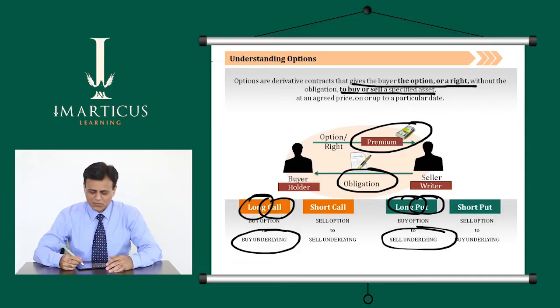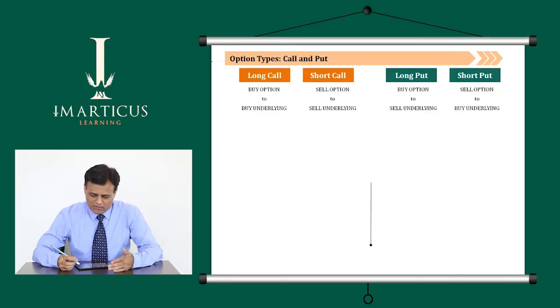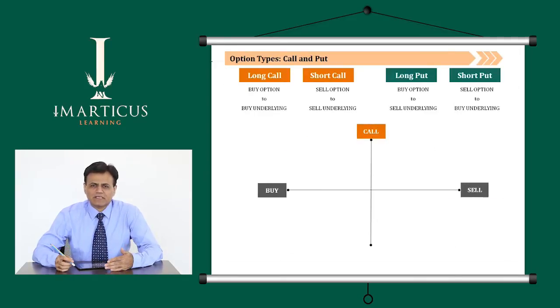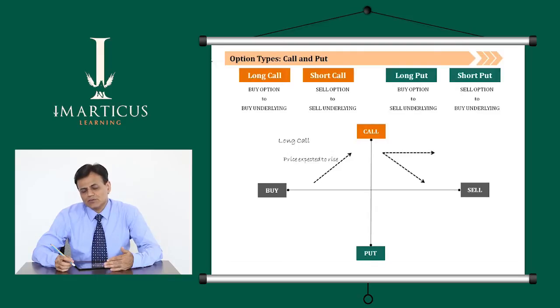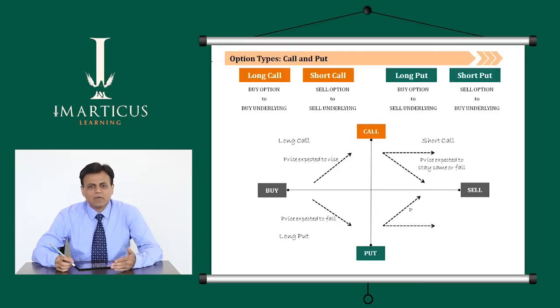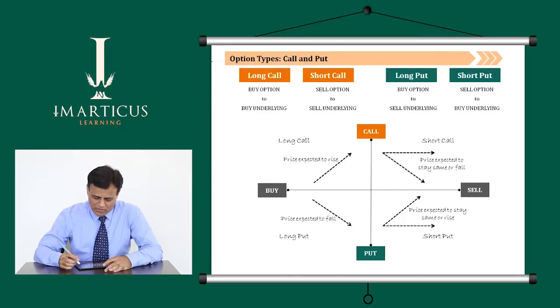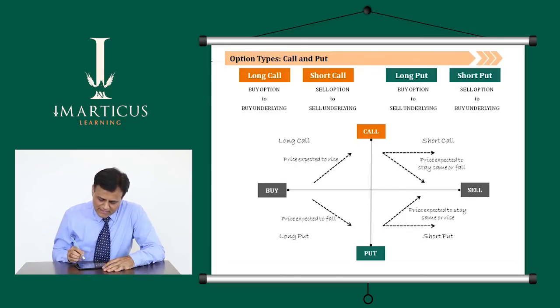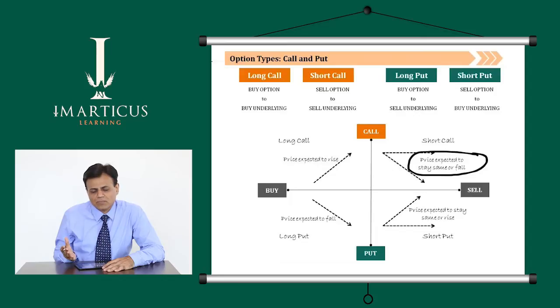Now let's get to what would be the motive behind somebody who wants to buy a call or a put. The buyer of the call expects the prices of the asset to rise, whereas the buyer of the put expects the prices to fall, which means that the seller of the call expects the prices to stay same or fall.